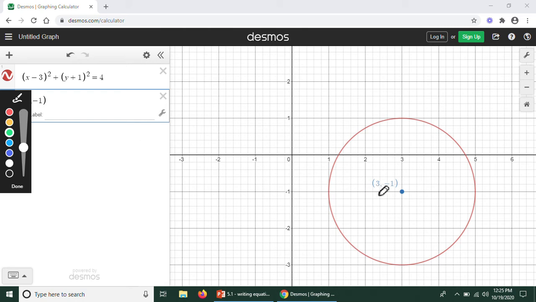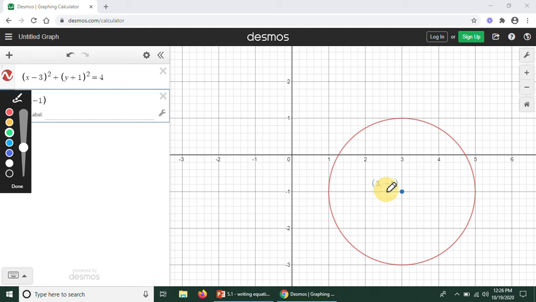Notice that the x coordinate for the center of the circle is the opposite of this value right here, which comes from the part of our equation that has an x. Very important.